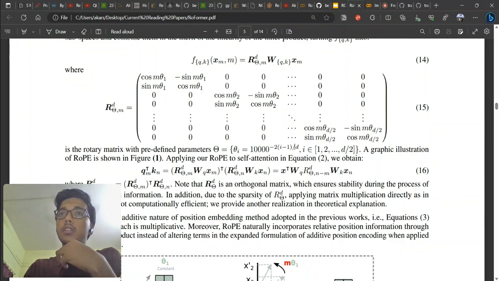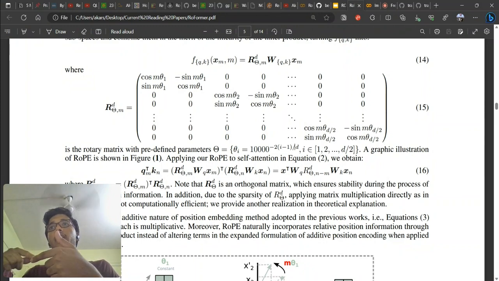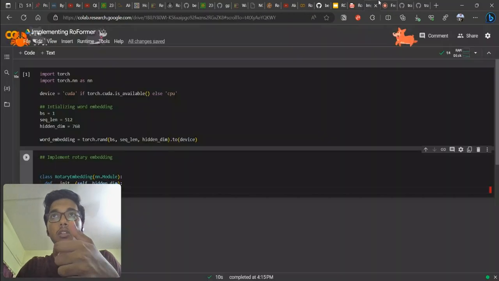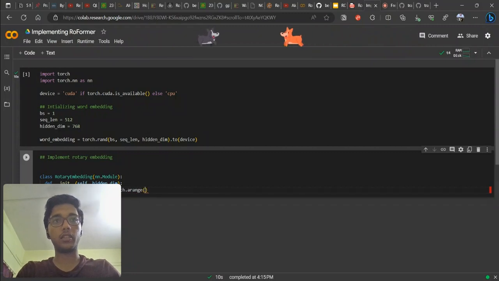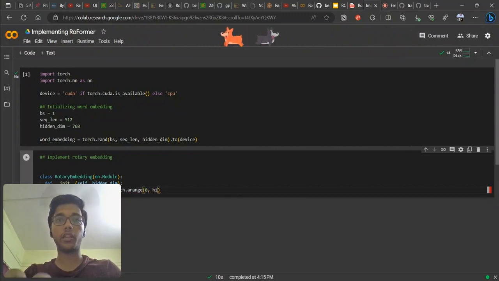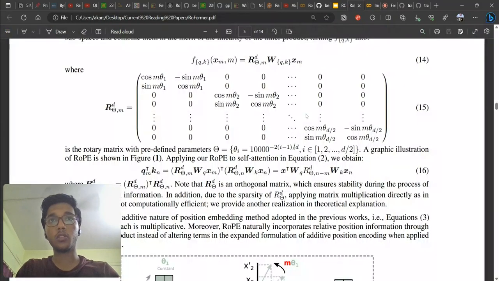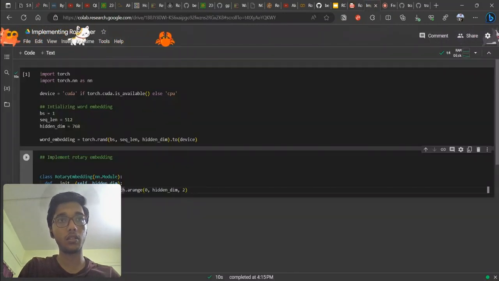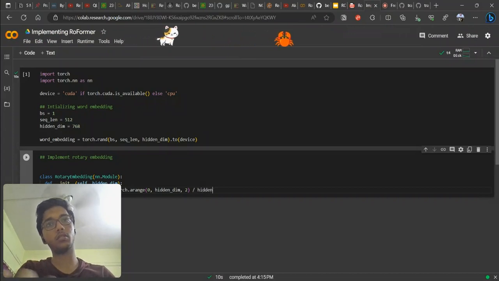Because i minus 1 equals 0, 1, 2, 3, 4, 5, 6 up to d by 2 minus 1, multiplying it by 2 yields 0, 2, 4, 6, 8. So we can do it like this: torch.arange from 0 to hidden dimension by 2. This is this part, and we divide it by d, where d is the hidden dimension.